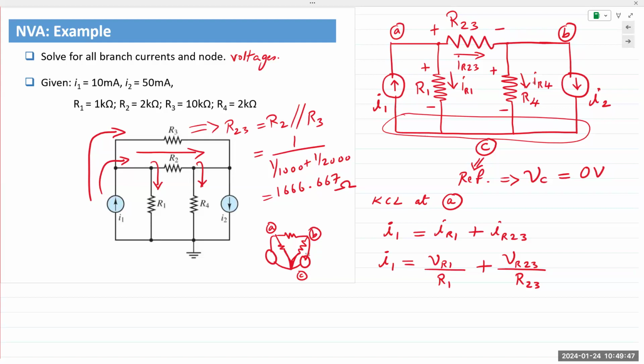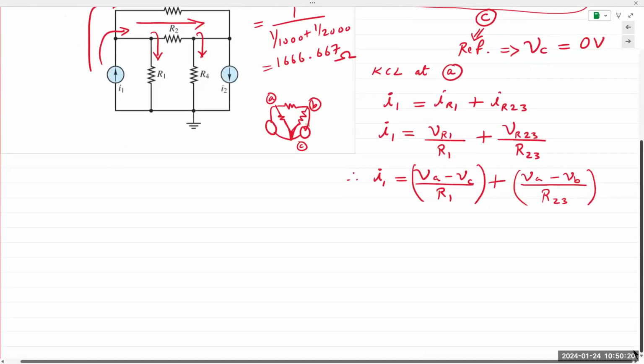So having applied Ohm's law, now I express each resistor voltage in terms of the node voltages. And so I1 would simply be VA minus VC divided by R1, plus VR23 is between A and B, so VA minus VB divided by R23.